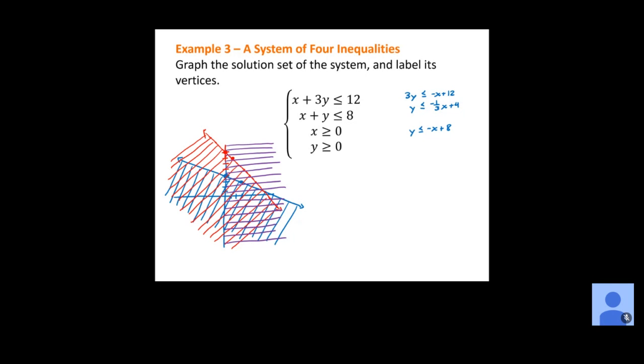You can see our graph starting to get a little messy, right? So try to kind of keep in mind as you go, where are these regions actually overlapping? Because that's going to be the solution that we want in the end now. And then our last inequality, we want y to be greater than or equal to 0. Well, y equals 0 would be a horizontal line at 0. That's the x-axis. Greater than or equal to 0 then means we're going to be above that.